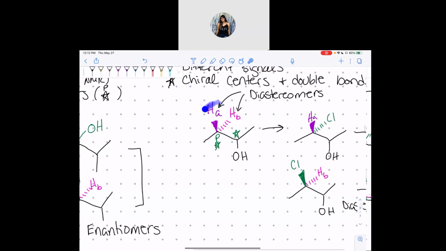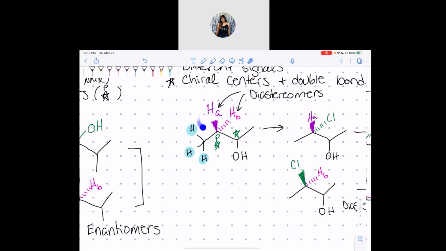So let's go ahead and count signals for this one. First, we're going to start here. And are these three hydrogens going to have any symmetry anywhere else in the molecule? No, so it's going to be its own thing.